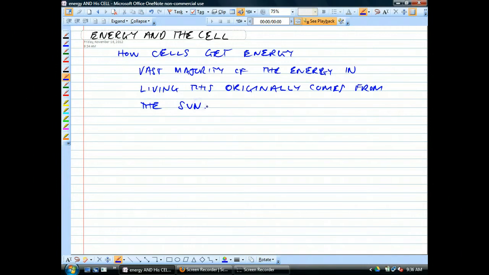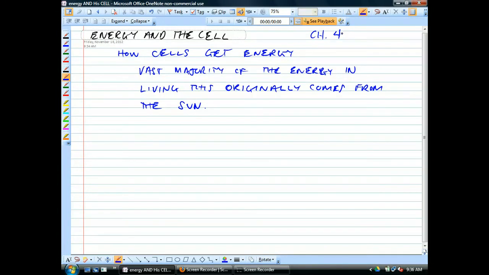Now, what I'm doing in this little lecture is summarizing this whole chapter, chapter 4, which is about respiration and photosynthesis. I'm going to summarize the whole thing in one big diagram, and then we're going to talk a little more about how it works.